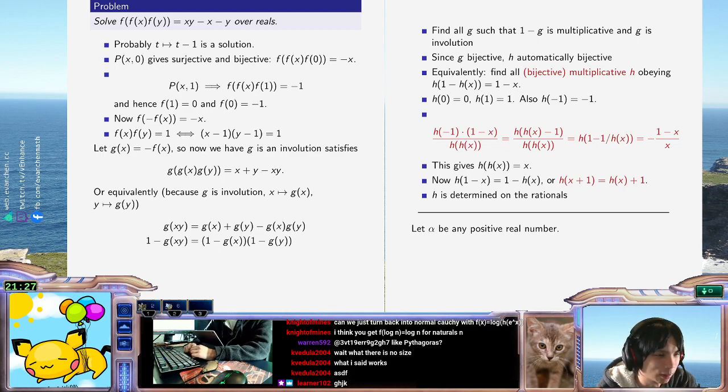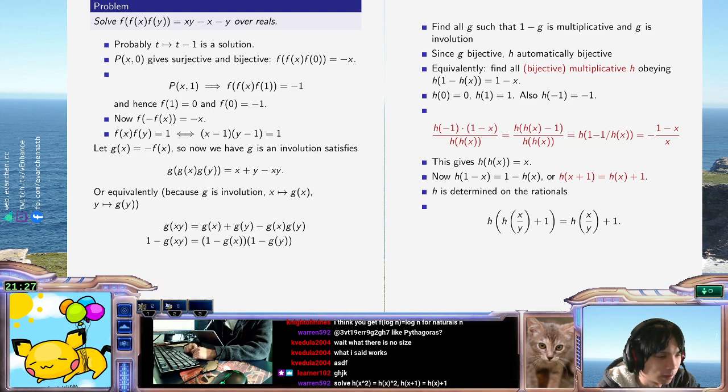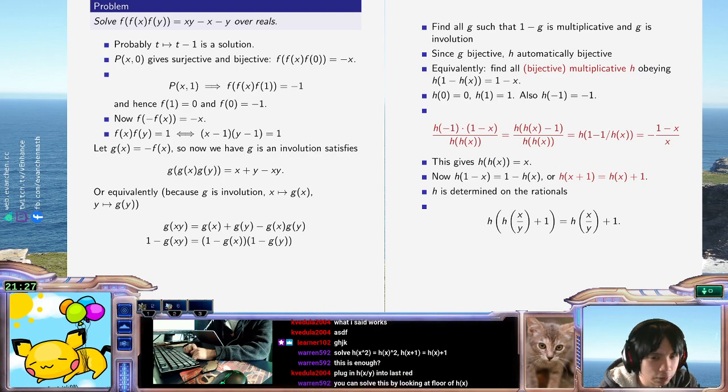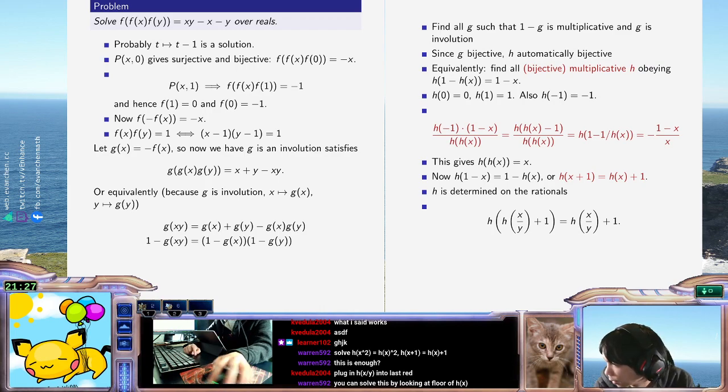I don't see where you're getting it. Solve h of x squared equals h of x squared. Plug x over y into the last red thing. Into here.